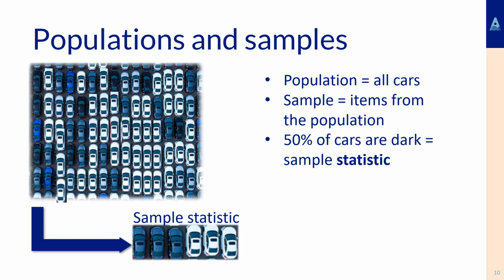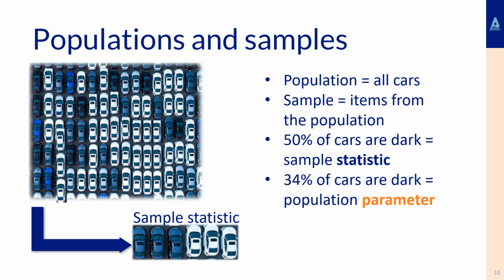So 50% of the cars are dark is a sample statistic. In the whole population, 34% of cars are dark. That's a population parameter. So there's sampling error in this case. The sample statistic does not accurately represent the population parameter.